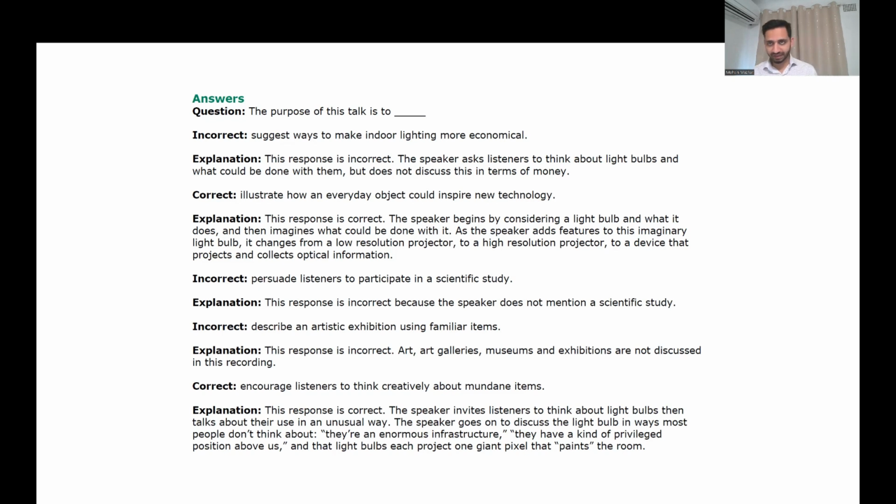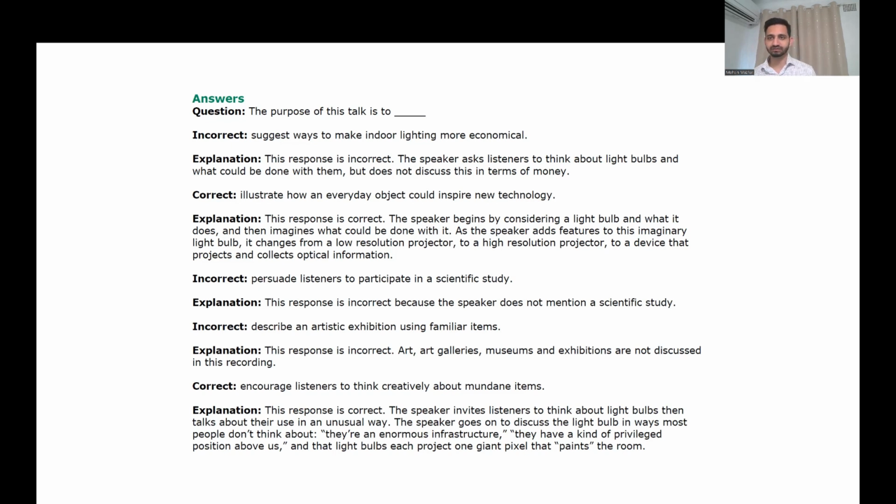Okay. Second option, illustrates how an everyday object could inspire new technology. That's exactly what it's talking about. Look at the light bulb in your room and look at what we can do with this light bulb. We can make it a giant projector and inspire new technology. So that answer is completely correct. And that's the purpose of the speaker. That's what he's trying to say.